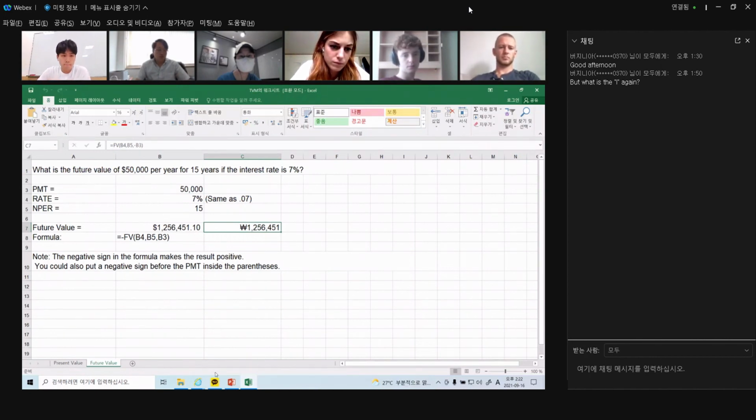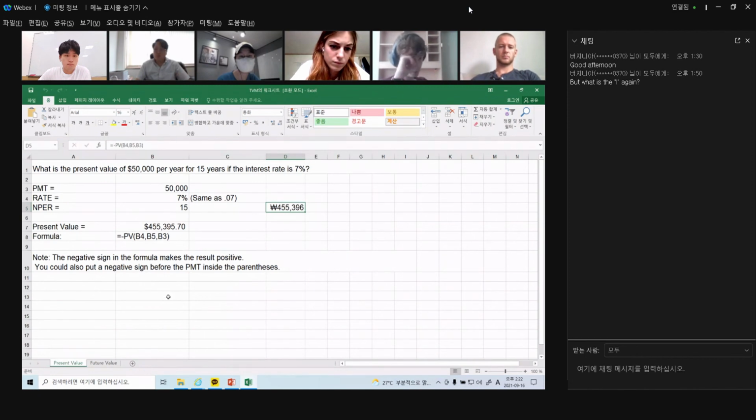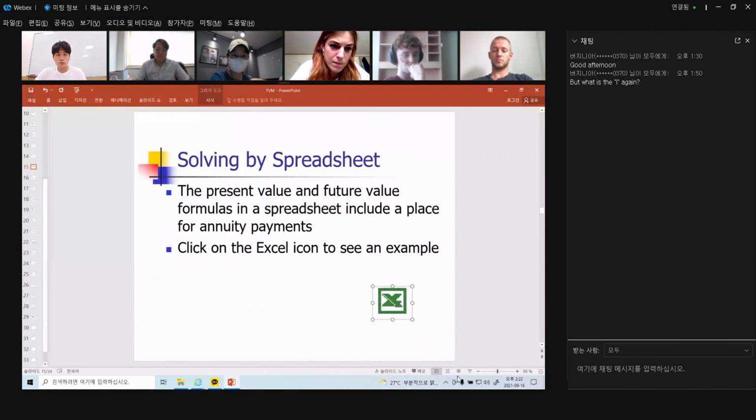The first question is the present value: what is the present value of $50,000 per year for 15 years if the interest rate is 7%? Then I will go out and log in again. Okay, let me try it.